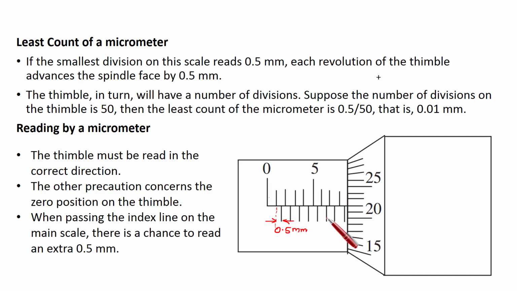So in one complete rotation it is moving 0.5 mm, and if there are 50 divisions on it, what is the least count of this micrometer? So 0.5 divided by 50 will give you 0.01 mm. In case there are 100 divisions on the circular scale, in that case there will be 0.5 divided by 100, that is 0.005.